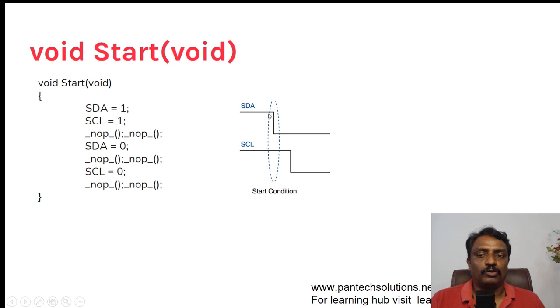After 2 NOPs, that is 2 microseconds, as each NOP takes 1 microsecond, the SDA line goes from 1 to 0. After another 2 microseconds, the SCL line will also go to 0, followed by a no operation. So this is the start signal. You have to generate the start signal.